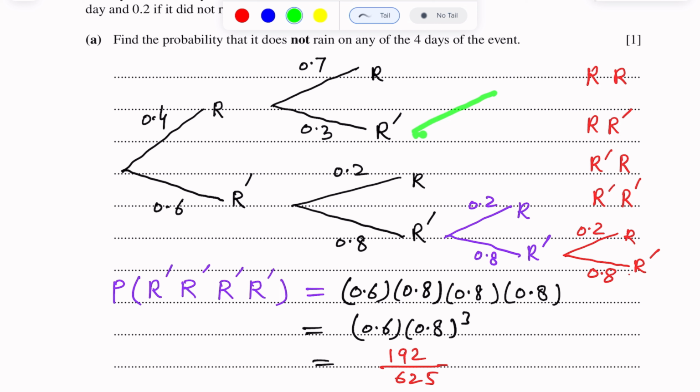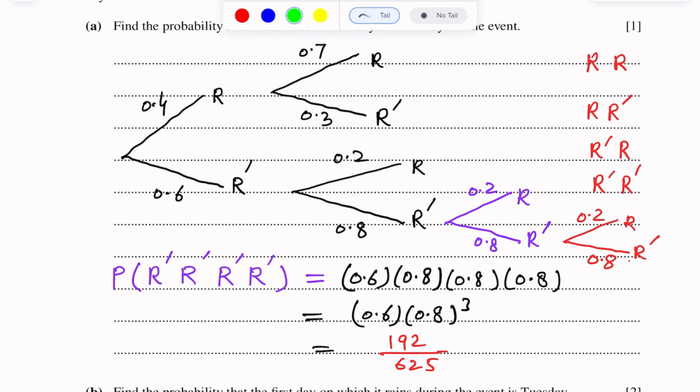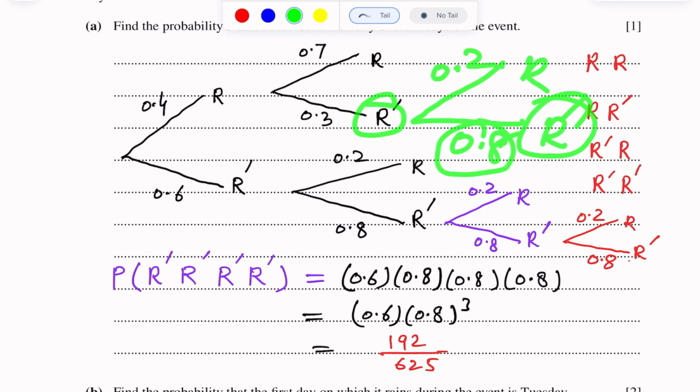We can make the tree diagram for this. Here it will be 0.2 into 0.8. This is R, this is R dash. We are taking this R dash, that is 0.8.